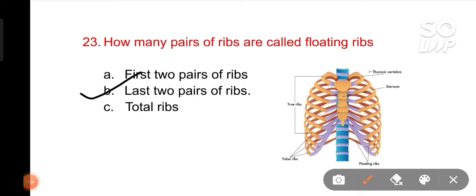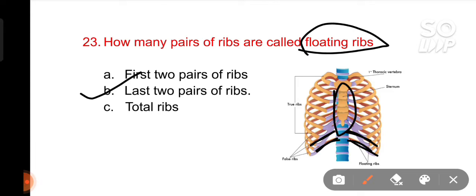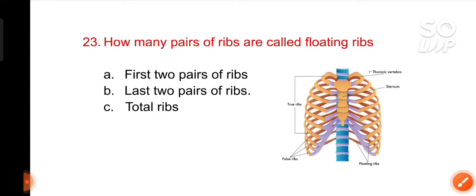So here you can see the last two pairs at the back of the thorax. So these two pairs are called floating ribs. Floating ribs are nothing but ribs that cannot be attached with the sternum. It is not attached to the sternum, so it is called floating ribs.